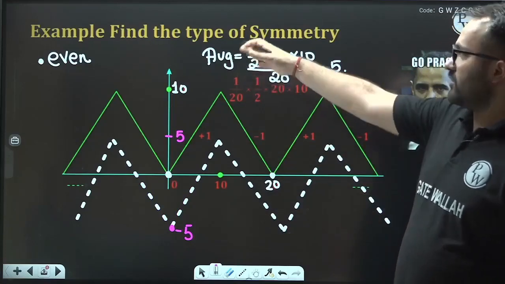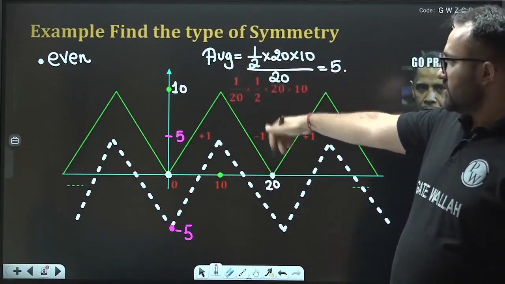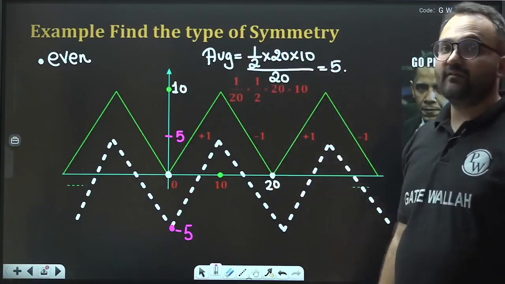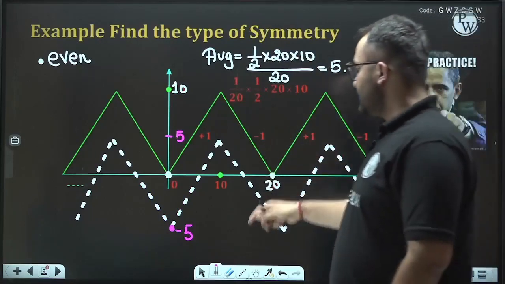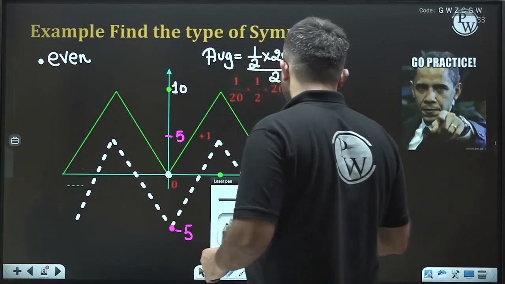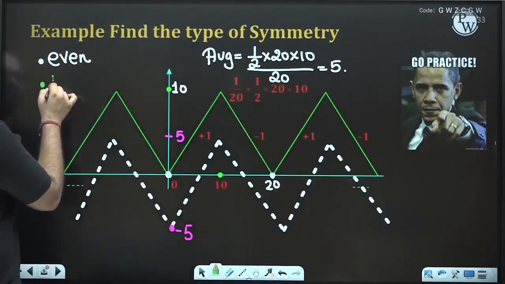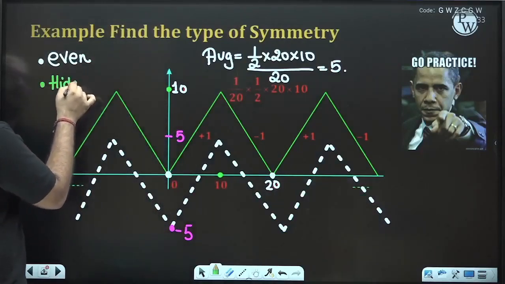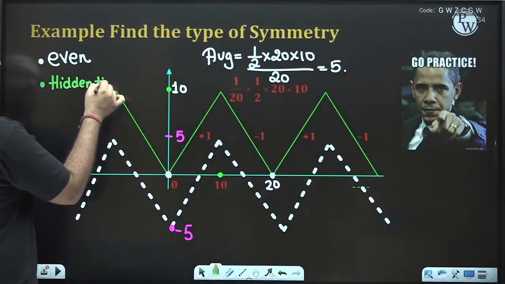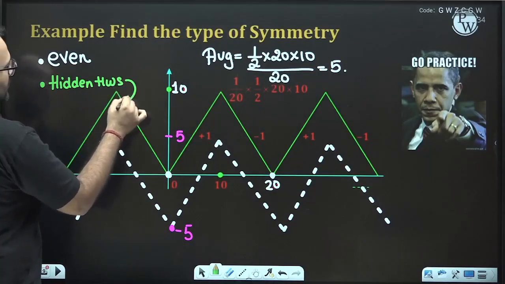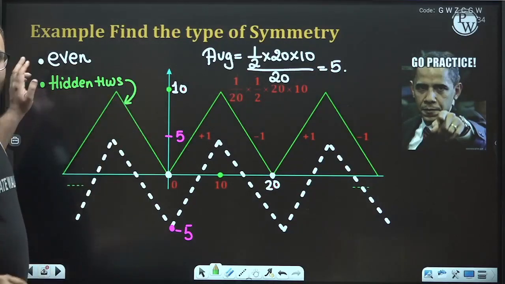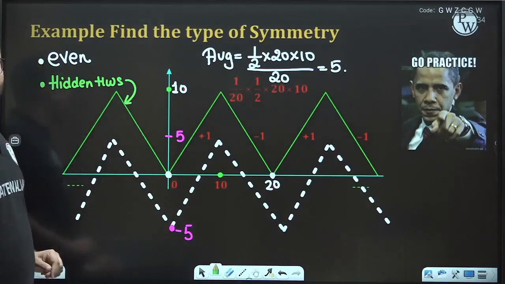So this new signal has half wave symmetry. So we can see that the original signal will have hidden half wave symmetry. So the signal has even symmetry and hidden half wave symmetry.